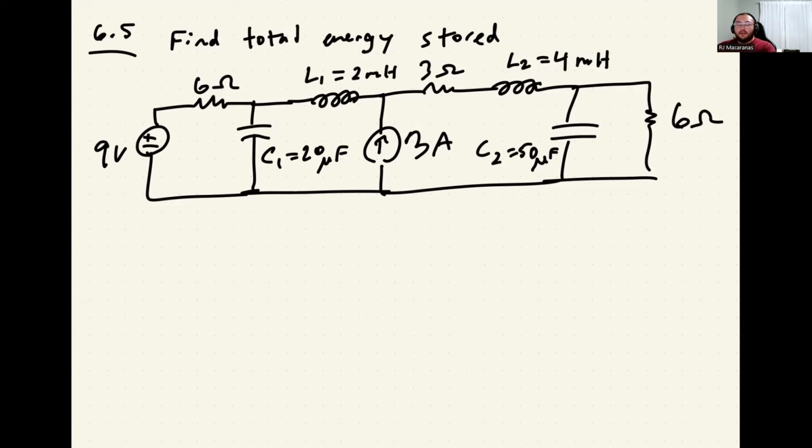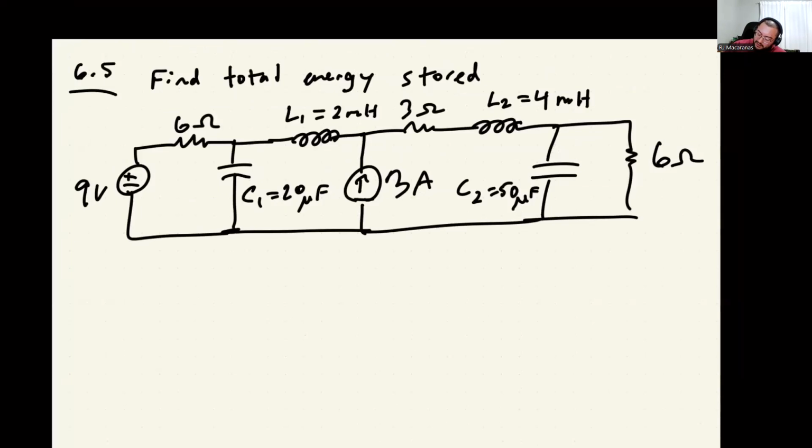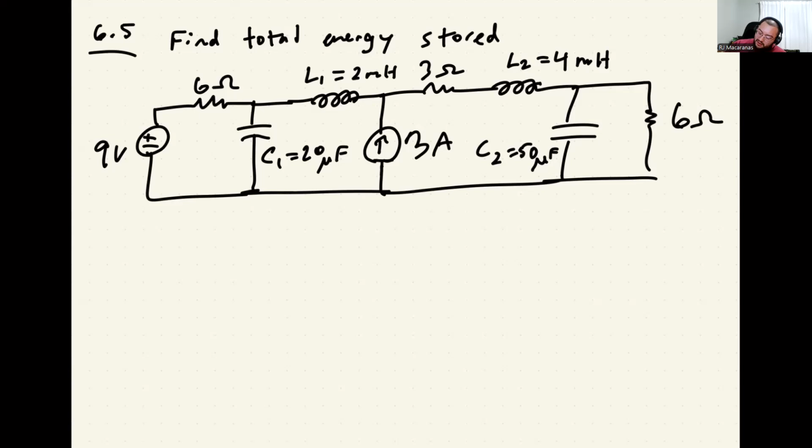The trick in doing this is to remember the properties of these energy storage elements at DC. We have two DC excitations here: the 9 volt voltage source and the 3 amp current source. So this is going to be a DC circuit, and we can redraw it.